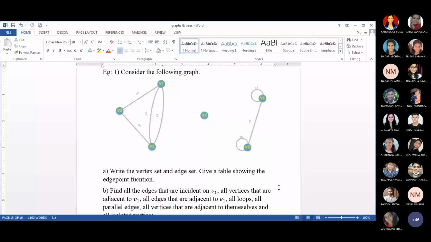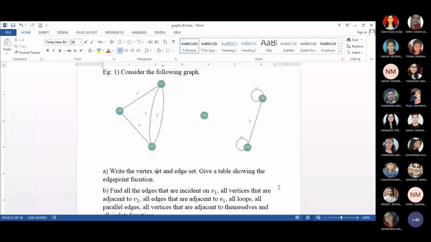So the edges having V1 as an endpoint are E1, E2 and E3. Okay. Vertices that are adjacent to V1 are V2 and V3.